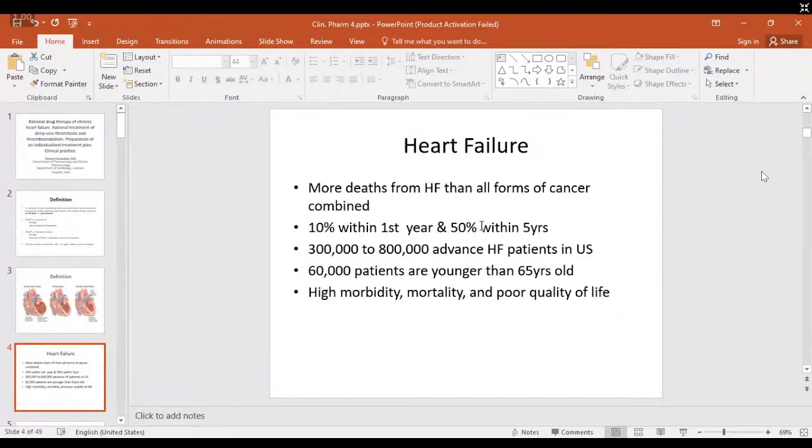It's actually very common. So if these patients are not treated in the best way possible, half of them are going to die, unfortunately, in 5 years. That's why you should be really familiar with the diagnosis and also the therapy of such patients.